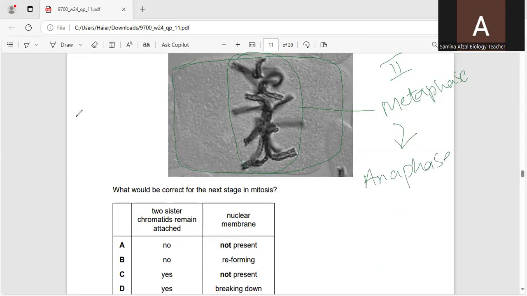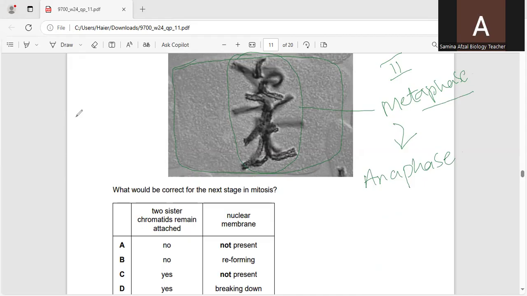When the chromosomes are in the center, this is metaphase, but when the anaphase is started, the chromosomes separate from each other. They are not attached with one another. They separate from each other and they move towards the opposite poles.